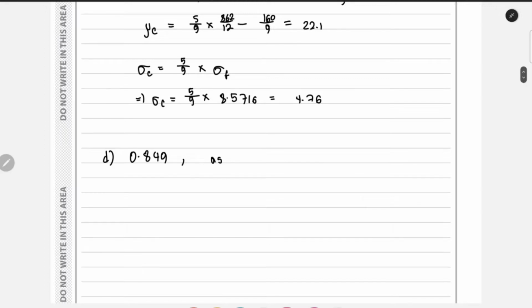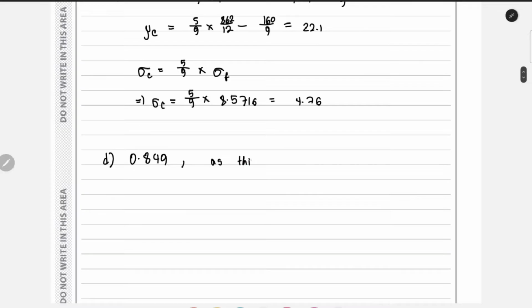So as this is a linear coding, R is unaffected. With that, question 2 is done.